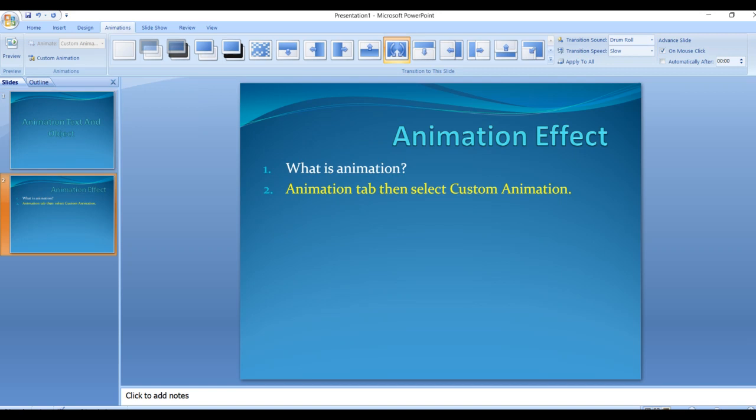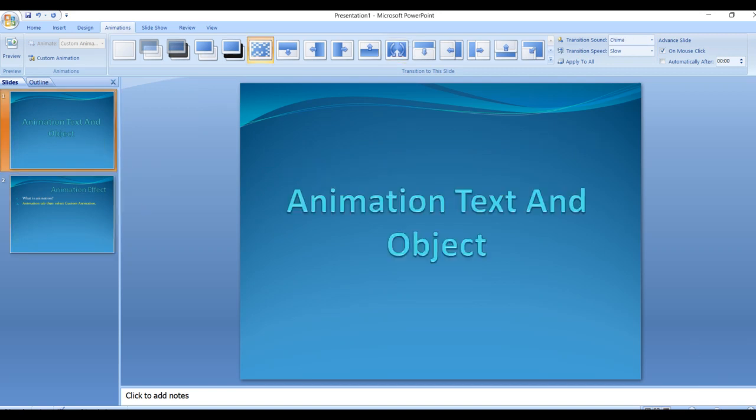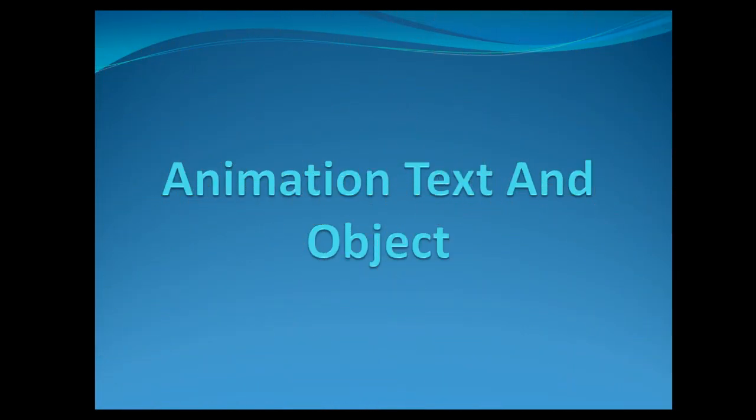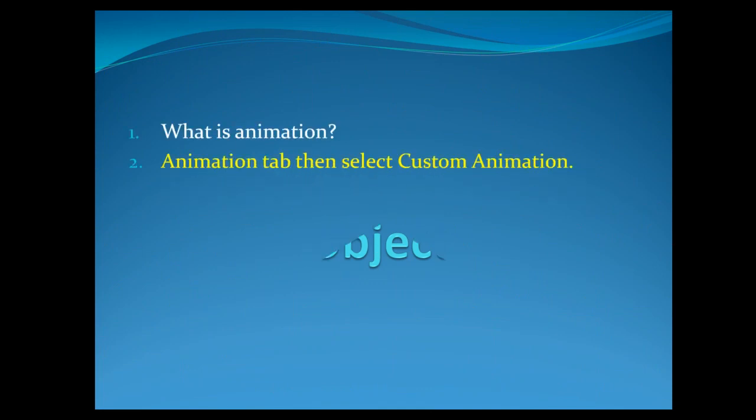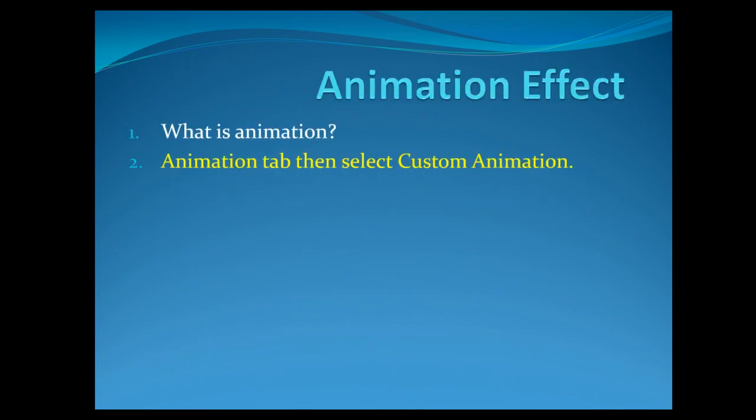So let us see the slideshow now from the first. Here I have added the transitions to my slide. I'll go to the slideshow. First slide. This is my second slide.